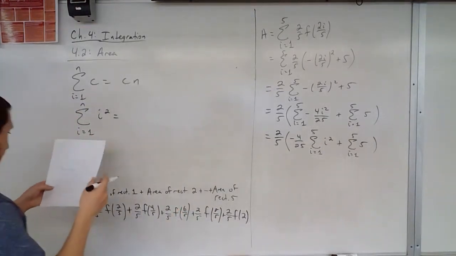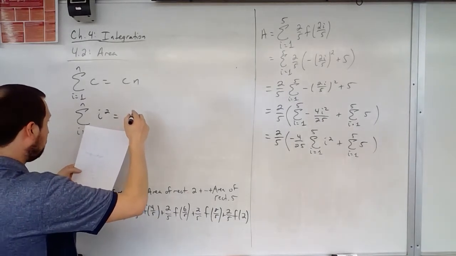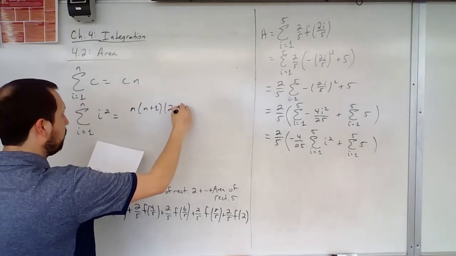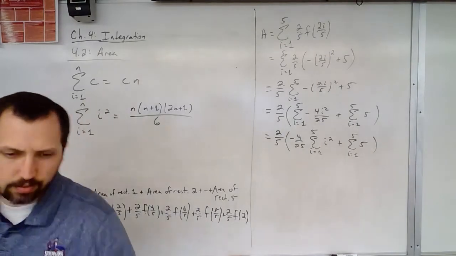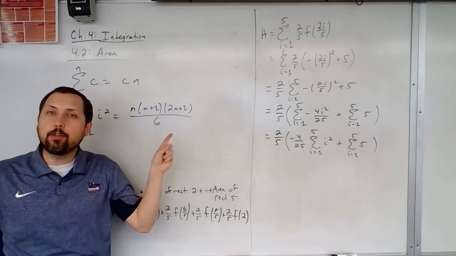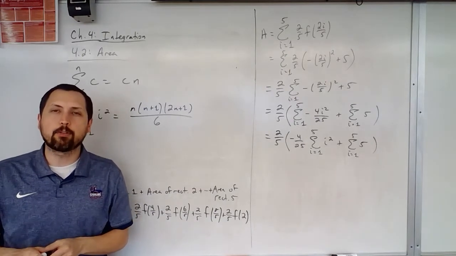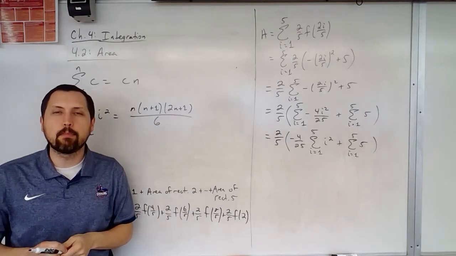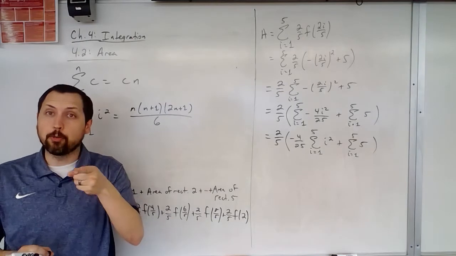I need my sheet actually. I don't really have these memorized right now. I will give you these on exams and quizzes, by the way. You do not have to memorize these. Maybe in a previous video I said to memorize them. Just become familiar with them, but if I don't have that memorized, you don't have to either.